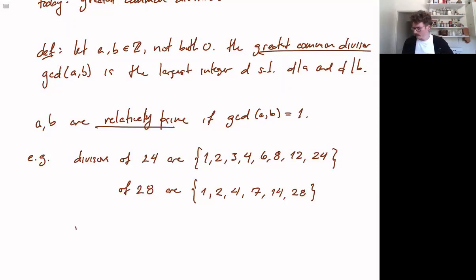So what is the greatest common divisor of these two things? Well, what divisors do they have in common? These ones, and that is all. So we just look at this list, and the greatest common divisor is 4.